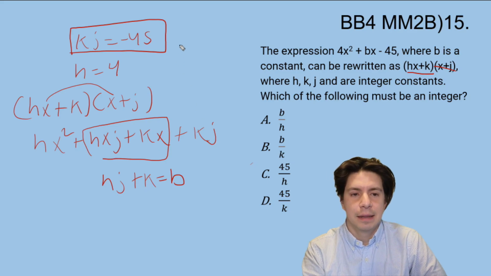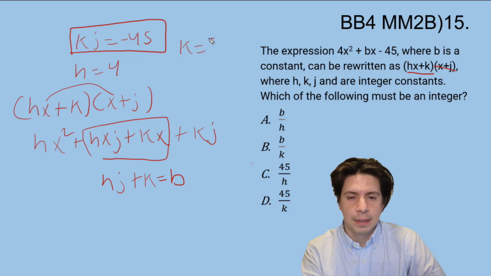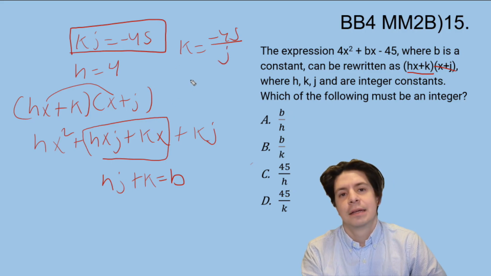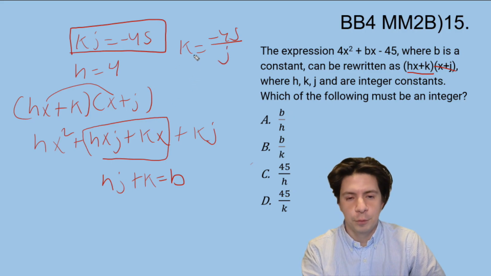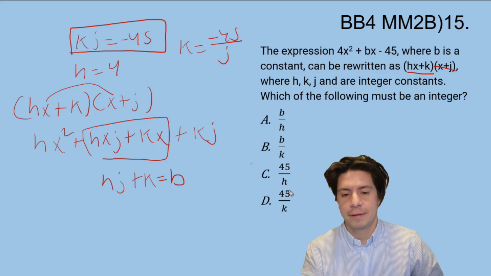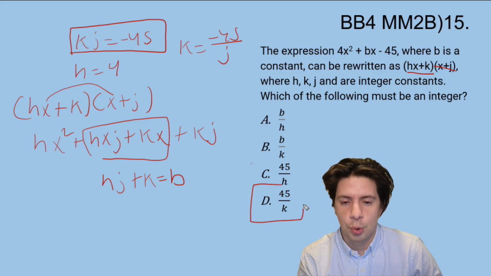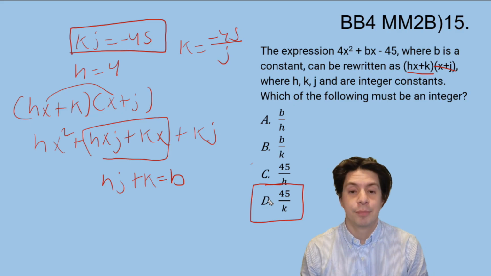That means that k equals negative 45 over j. That means that k is a factor of 45, so 45 divided by k would get you a whole number, right? And that would be our answer.